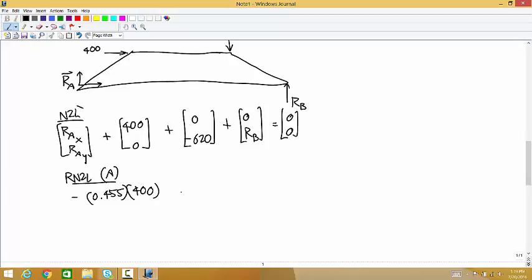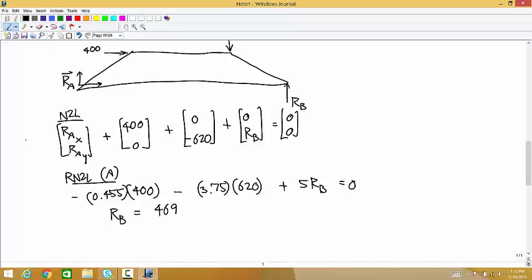And then minus 620 has a moment arm of 2.5, 3.75, times 620. And then the RB has a moment arm of 5. So what do you get for RB from that one? I think it's 469.